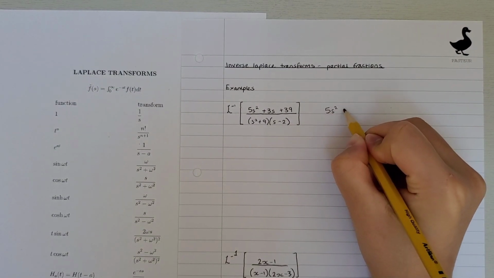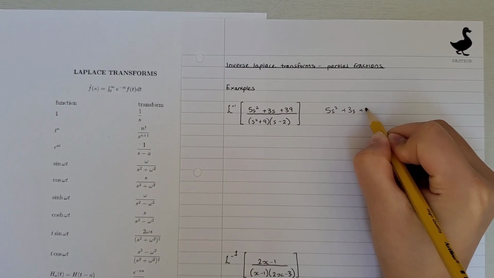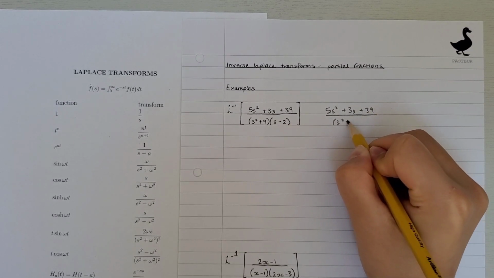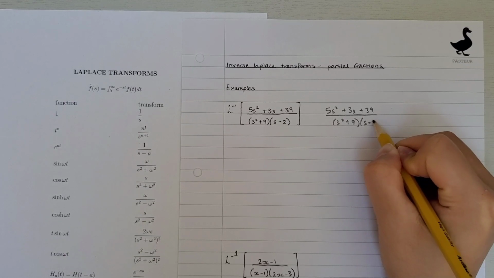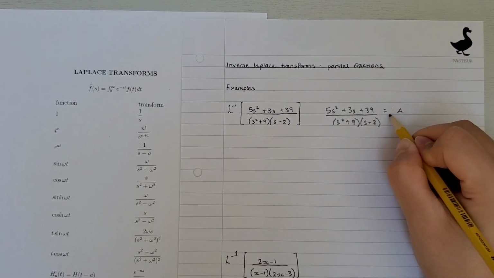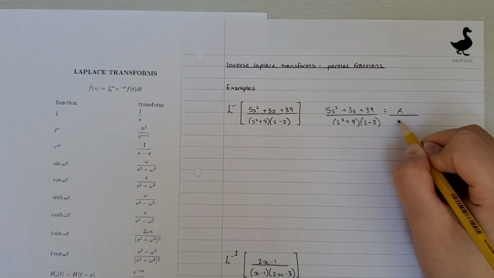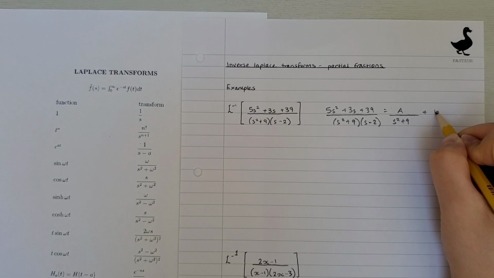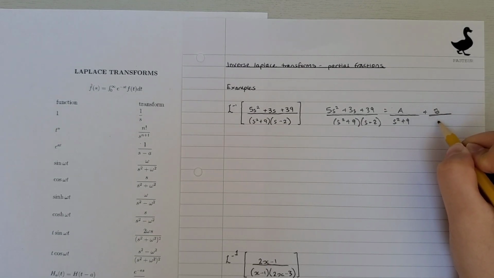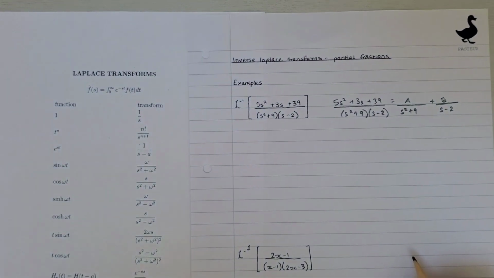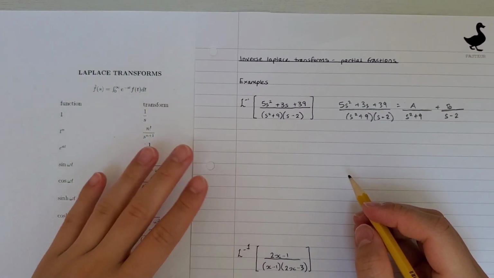So 5s squared plus 3s plus 39, all divided by (s squared plus 9)(s minus 2). We want A over s squared plus 9 and we want B over s minus 2.